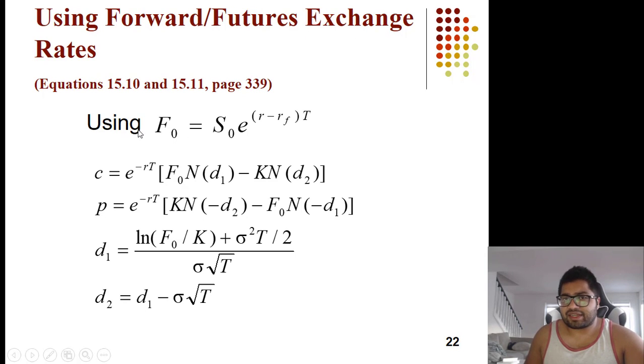Using forwards and futures exchange rates, if you're calculating an option on currency forwards or futures, first calculate F0 as S0 e^((R-RF)T), then calculate D1, D2, call and put.